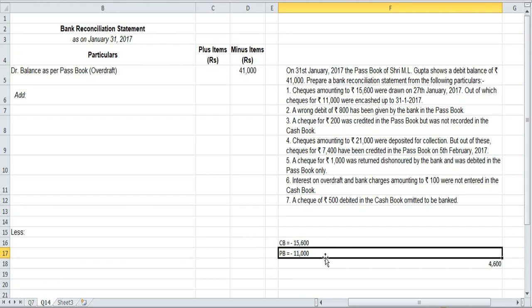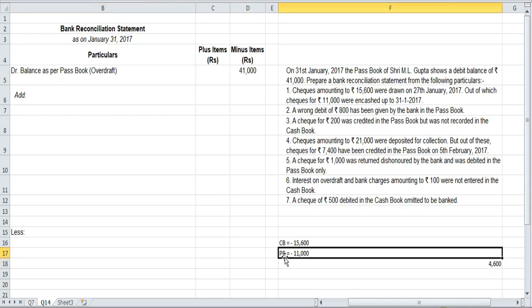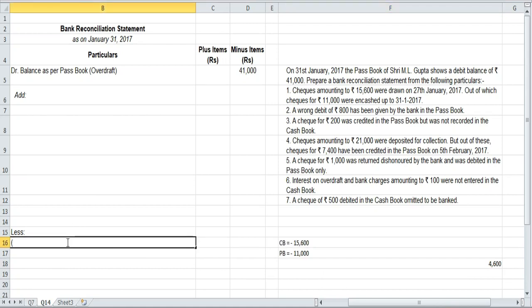That means passbook is still up by 4,600. And since we are starting with the passbook, you have to move the passbook and match with the cash book. So what you'll have to do here, you will have to bring it down. How much? 4,600, and match it with the cash book. We'll write here number 1.